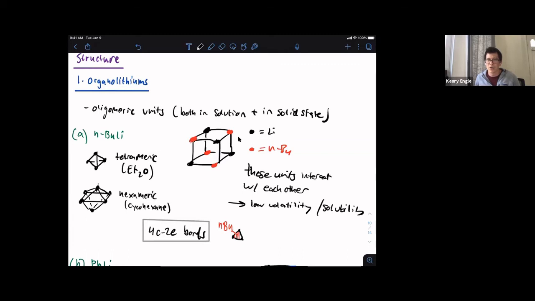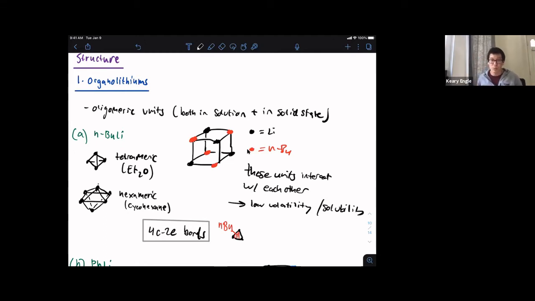And here's an equivalent representation of that structure, just using a different coding system where each lithium is drawn in black, and you can see the embedded tetrahedron here if you connect the dots between the black atoms. And now each n-butyl group is drawn in red.